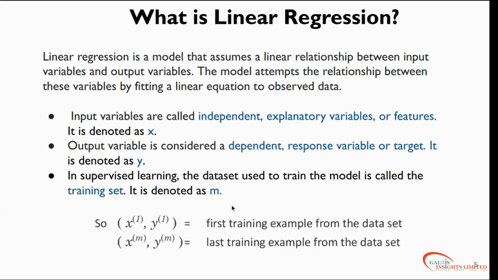This whole training set, from the first training sample all the way to the last, is simply the number of samples that we have in the data set, or you can say the number of rows. It simply defines the shape or the size of the data set that we have.